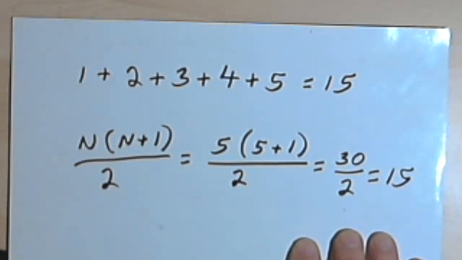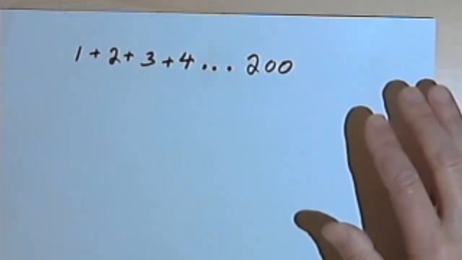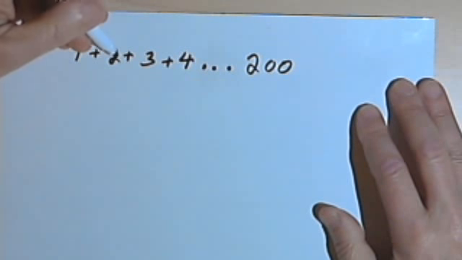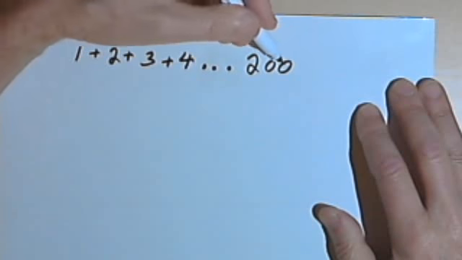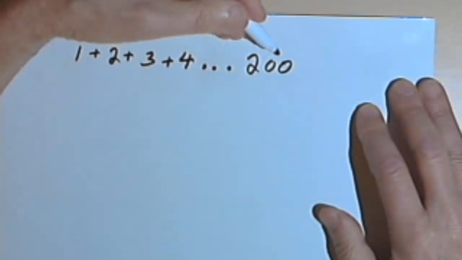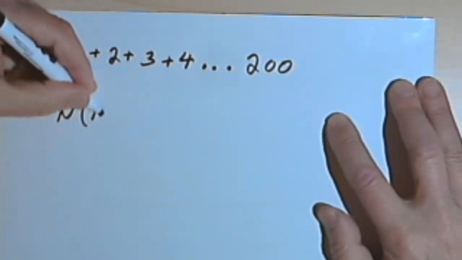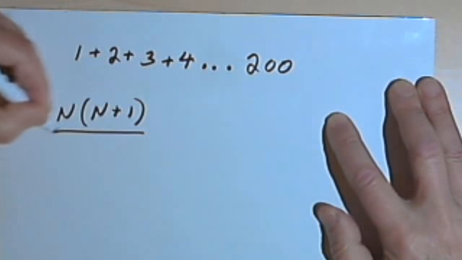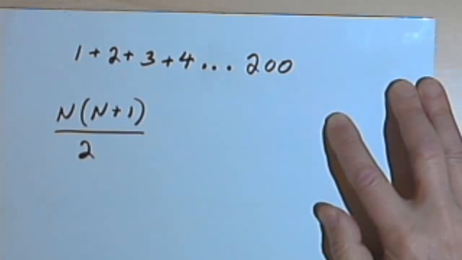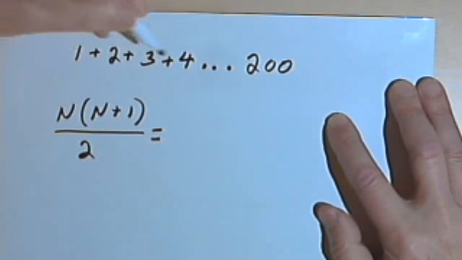Let's try the formula out on a big number, something you wouldn't want to do by just adding the traditional way. So here I've got the sequence 1 plus 2 plus 3 plus 4, and then it goes up to 200. So my formula says n times n plus 1 divided by 2 will give me my sum. n is 200.